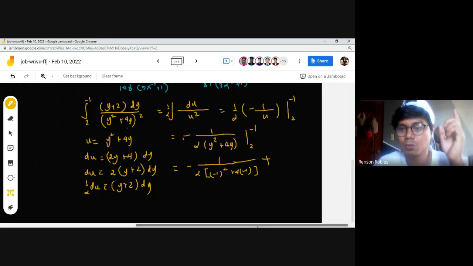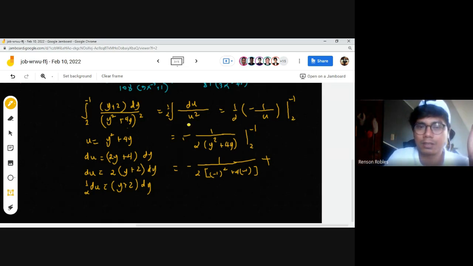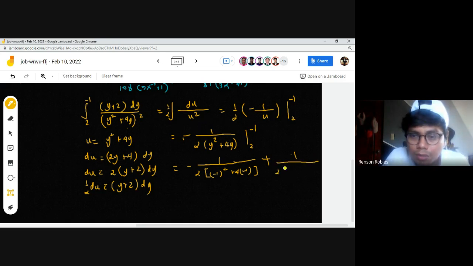The first minus, the -1 came from the formula. Ito -1 din. Kaya siya ay +1. +1 all over 2 times the quantity 2 square plus 4 times 2. Okay? Dito pa lang kita niyo na eh.